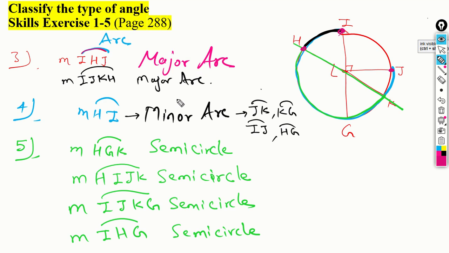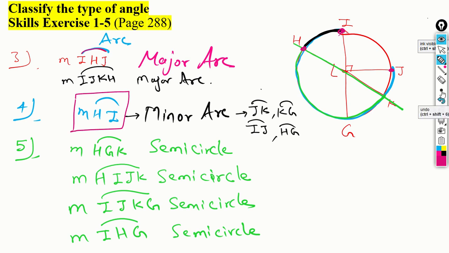Now which are the other major arcs you can find in this question? If you start from I, J, K and G and H, this will also be one more major arc, right? This is how you can see major arcs in a circle. Next question, we have measurement of arc HI.